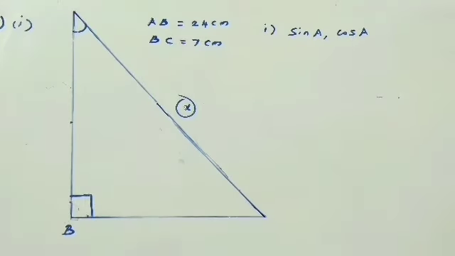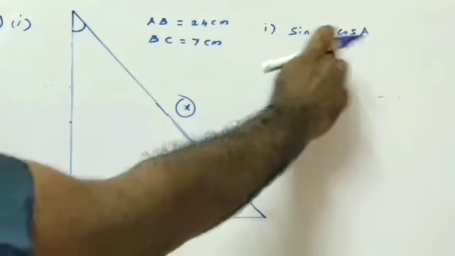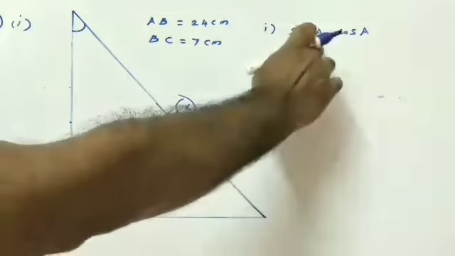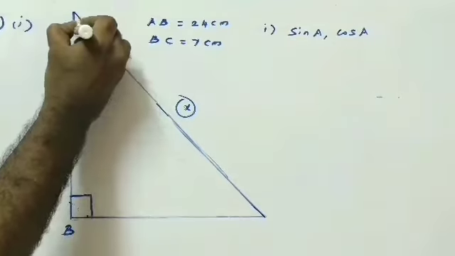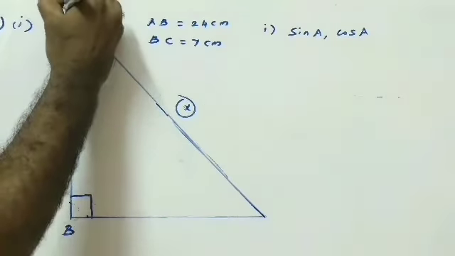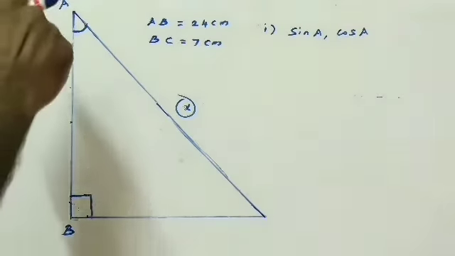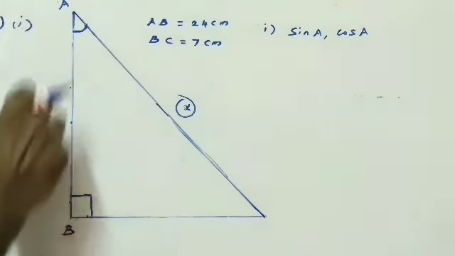Now they are asking to determine sin A and cos A. So the angle mentioned here is A. So just put the angle here and put the point A. So AB. The distance between the angle and the right angle is called the adjacent side.